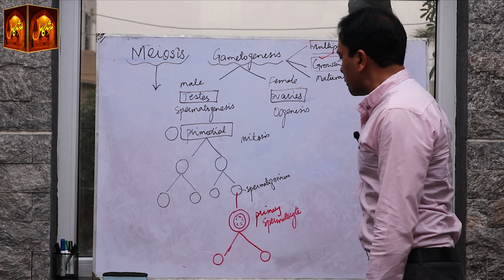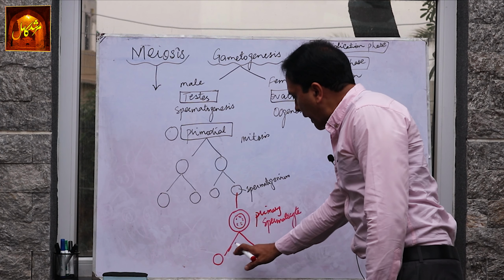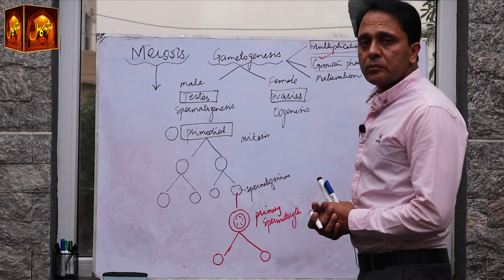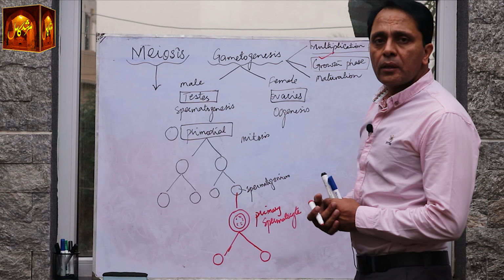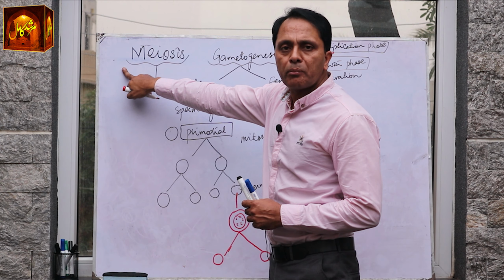This primary spermatocyte will be divided into 2 cells, but this time the type of division involved is meiosis.